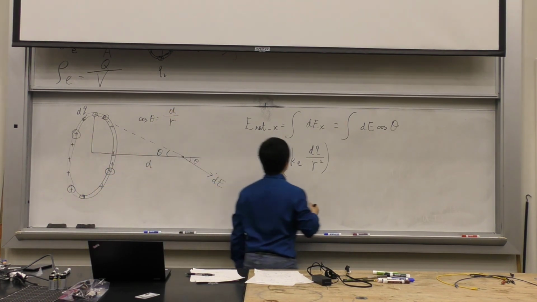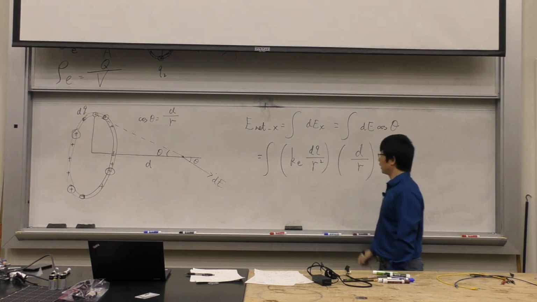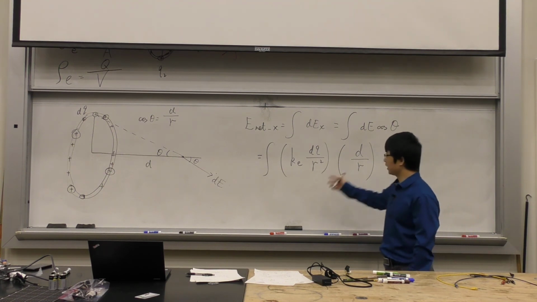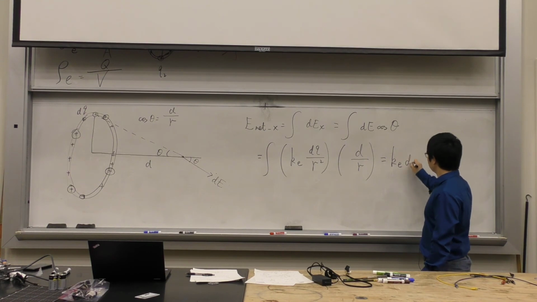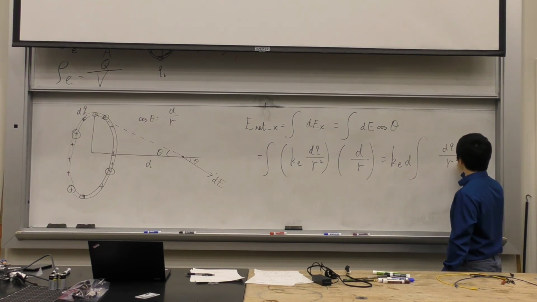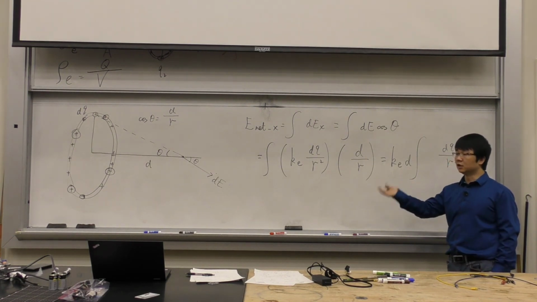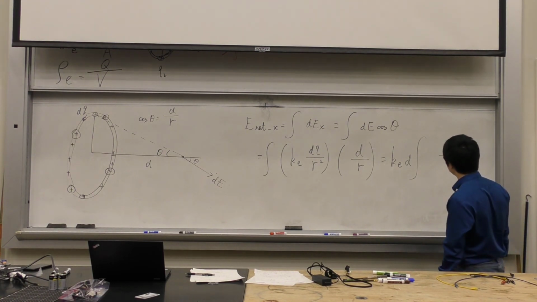Nothing has changed. Remember what we did last time? First of all, I can take out this Ke and d, let's get rid of some constants, and then I can put dq over r cubed together. If you compare the steps with the last lecture, nothing has changed so far.